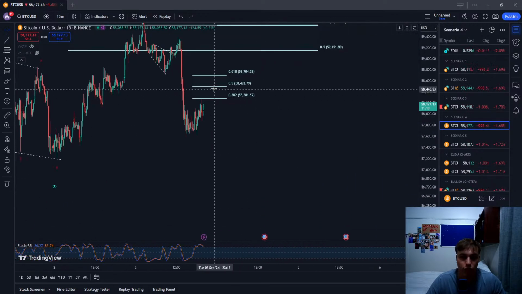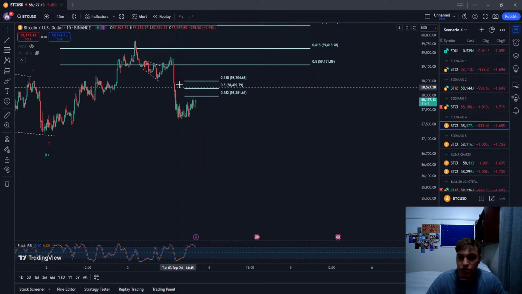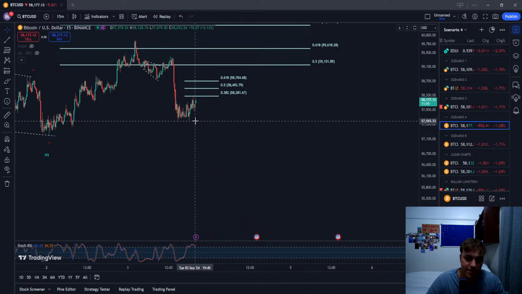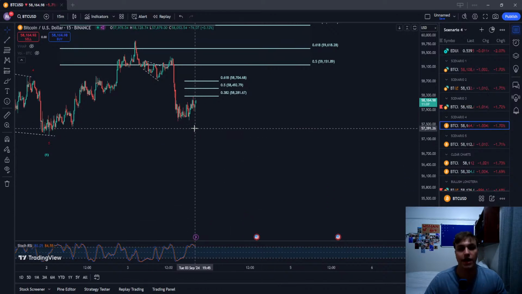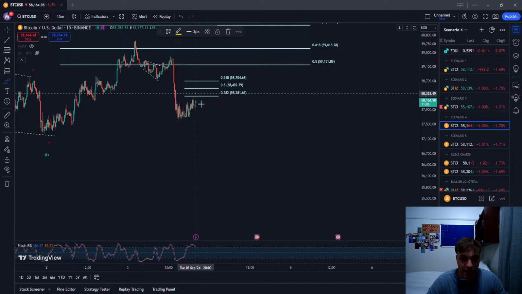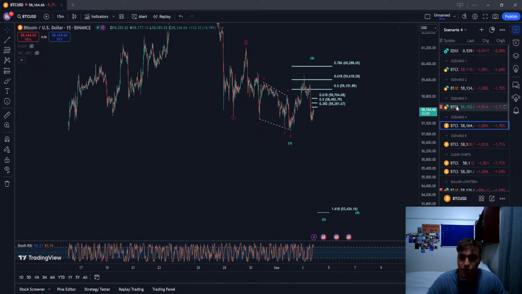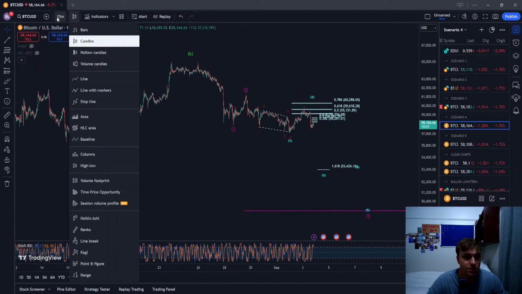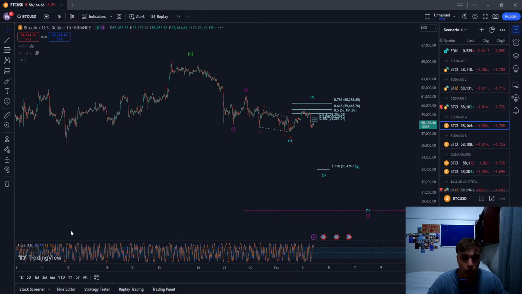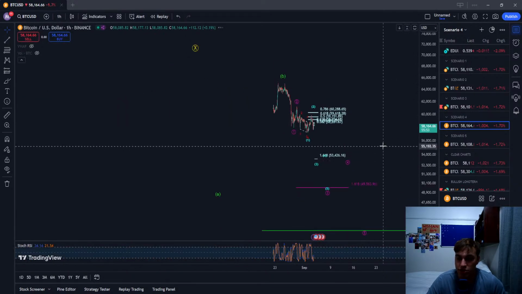So we're looking for one more wave to the downside. The 886 here has been touched here and here, so the likelihood to take this low again is high. So let's see what does happen in the near future. That is the first scenario on the chart at the moment. We are still looking for lower prices in this scenario.